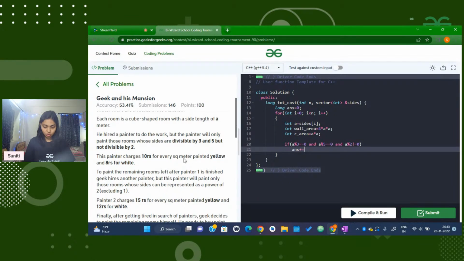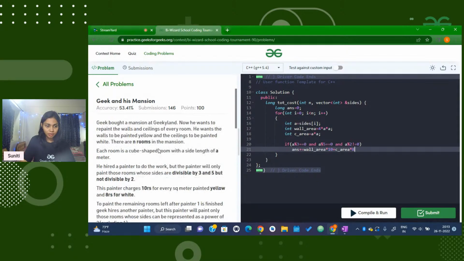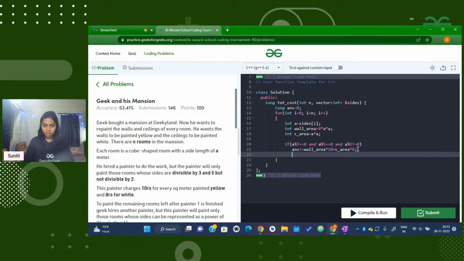Then we will be doing wall area into 10 plus ceiling area into 8, because the walls are to be painted yellow. So wall area will take 10 rupees and the ceiling is to be painted white, so ceiling area will take 8 rupees. Right, this is the first condition.